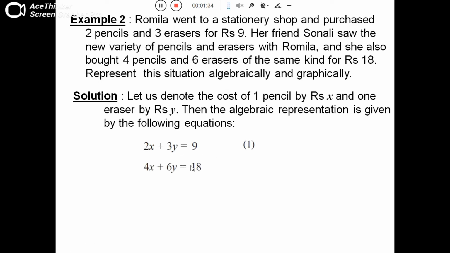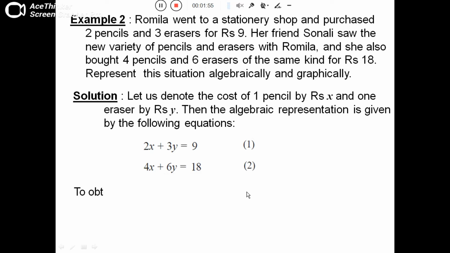Now the second condition is, her friend took 4 pencils and 6 erasers, means 4x plus 6y for ₹18, that is 4x plus 6y equals 18, equation number 2.